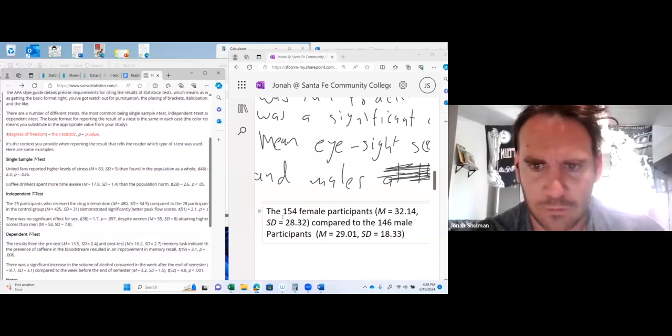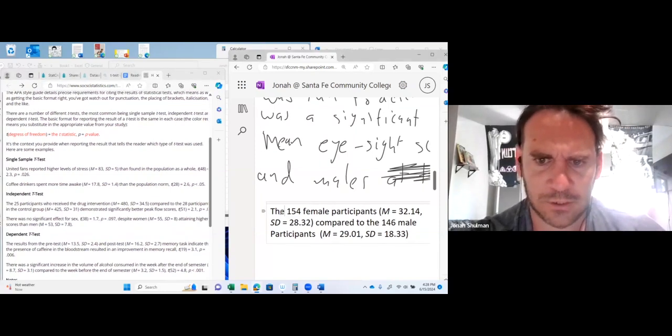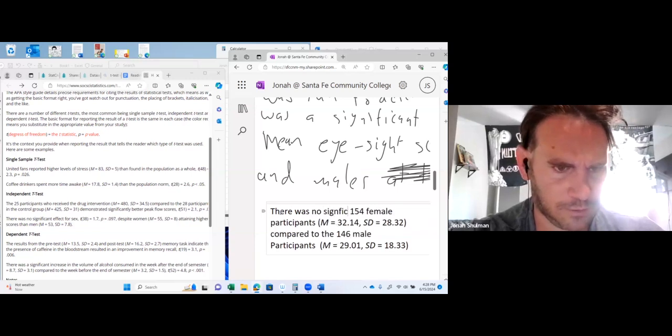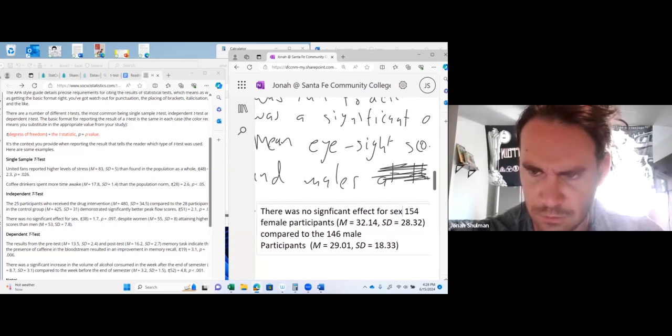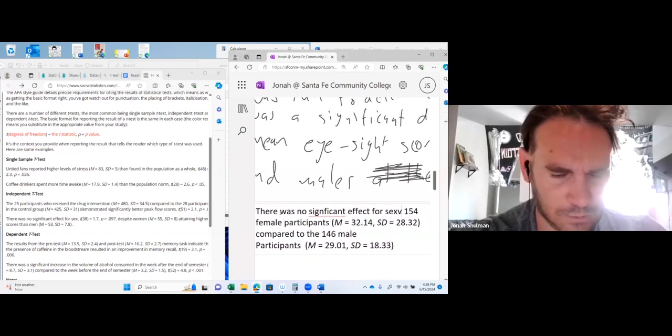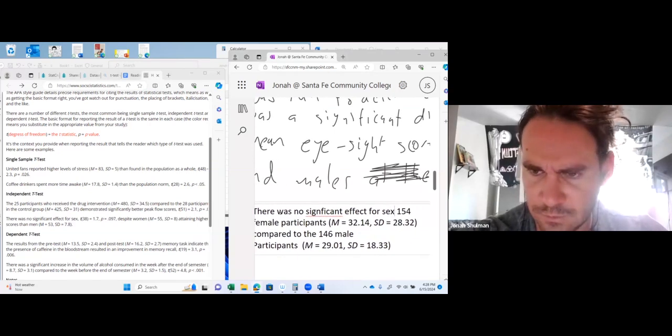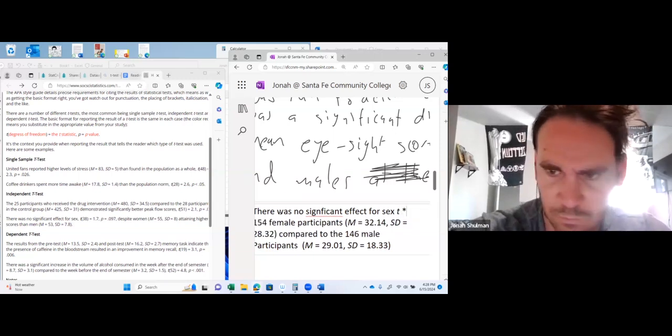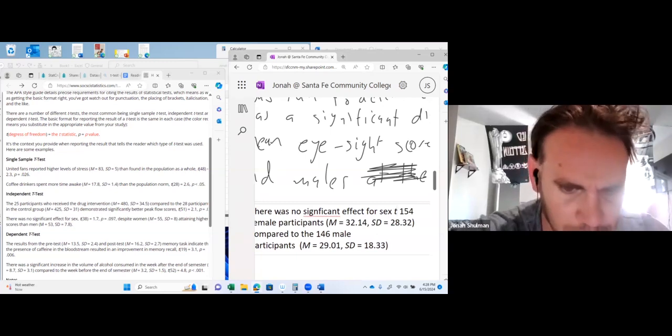Oh, sorry. So we just have to write this way. There was no significant effect for sex. Then we have to start with the t value, control I for sex, control I T. And then it's going to be the degrees of freedom, which we know is 298.